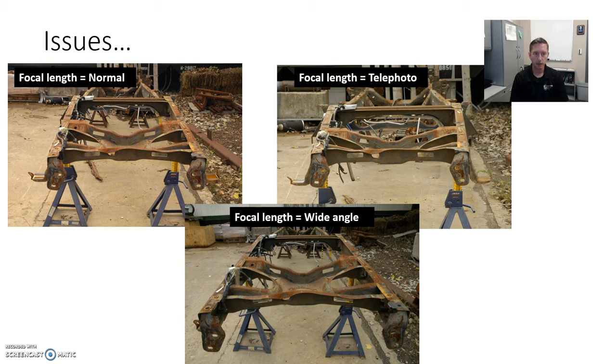So here we have a couple of car frames. Actually, it's the same car frame. And in one image, you can see there in the upper left, we have a 50 millimeter lens, and those bars are parallel. And when we zoom into it a little bit, we get a little barreling, where the frame kind of bends out.